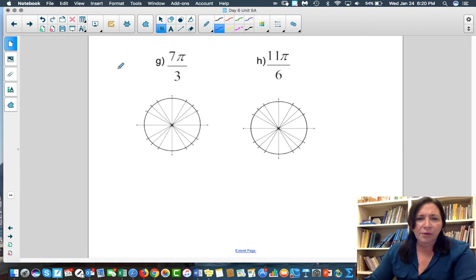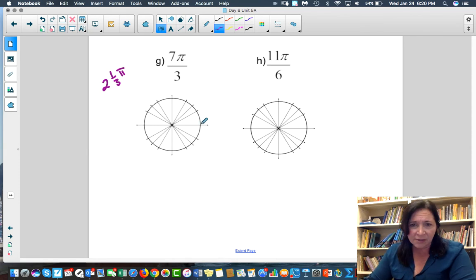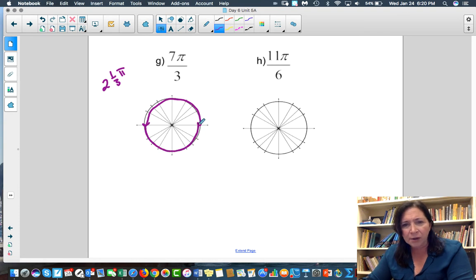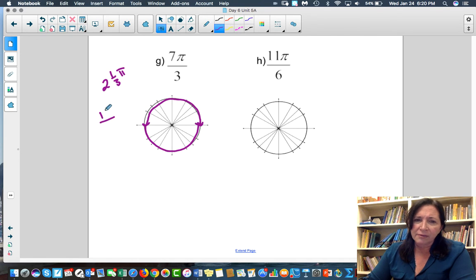7 pi over 3. 3 divides into 7, let's see, 2 times and 1/3 pi. Again, I'm not going to write that like that, okay? That's just going to give us relatively where are we. So we're going to go 1 pi, past that, 2 pi, now I'm here, and now I have to go up a third. Now remember, 3 divides into 180 degrees 60 times.